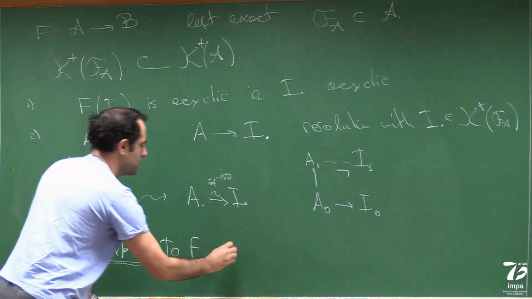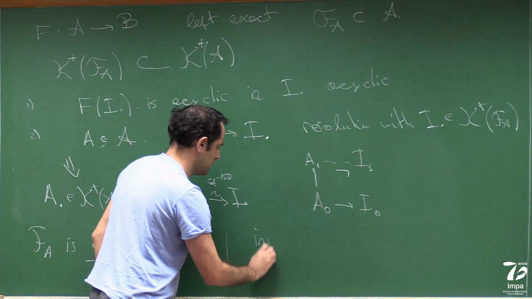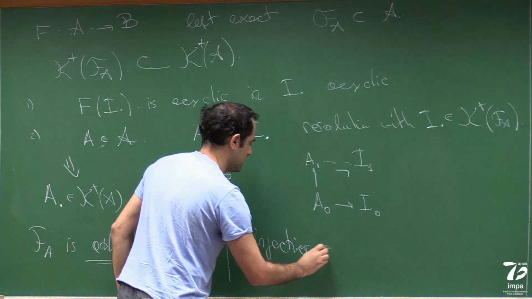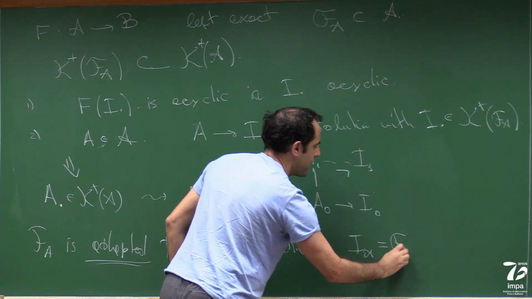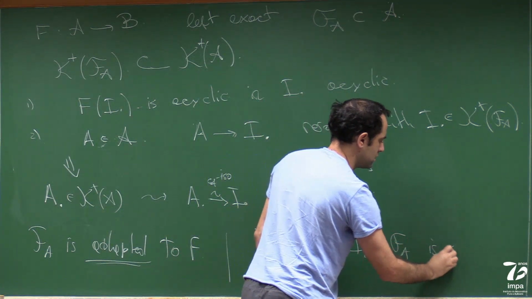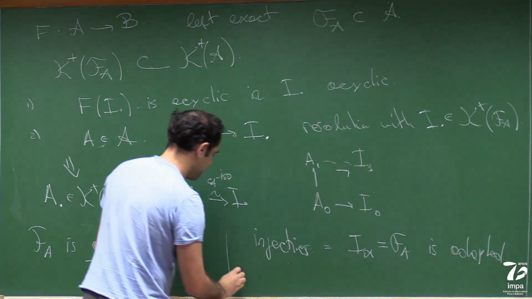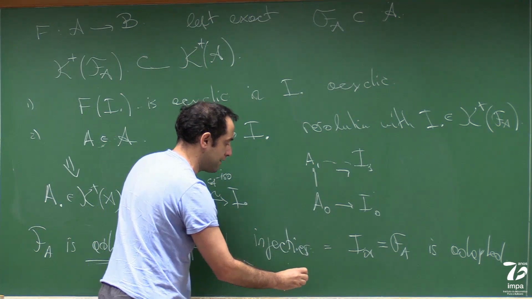Okay, so injective objects are adapted to any left exact functor. Namely, I_A equal to F_A is adapted for any left exact functor.